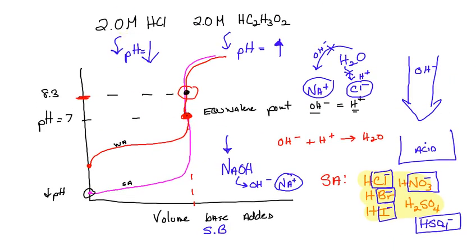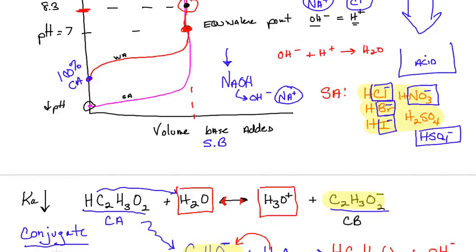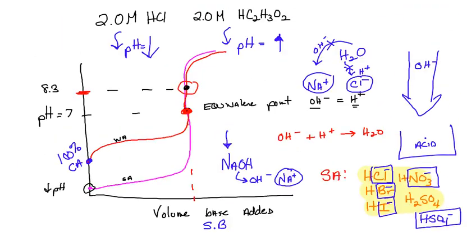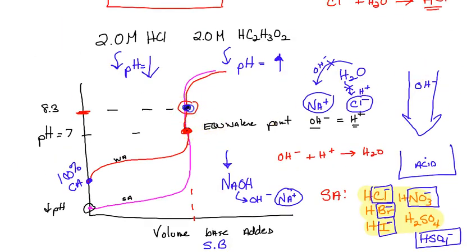Again, initially, what do we have? 100% in the beaker of the weak acid, right there in that titration. That's what I have right here. And then when I get to the equivalence point, which we see is way above 7, we'll talk about that. Now I have 100% what? Conjugate base, and 0% acid remaining because all the base that I added drove it away.